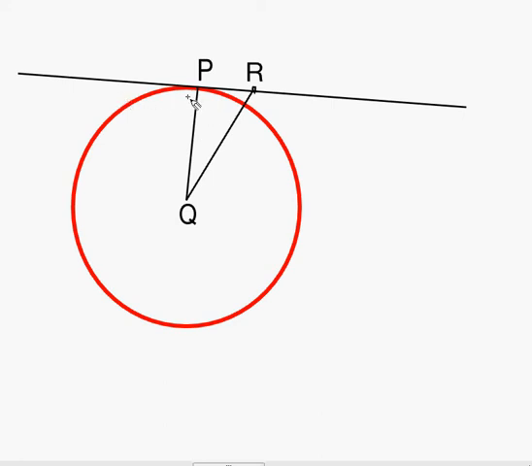Therefore, we know that QP must be perpendicular to the line, so we can draw it as such. And that proves the theorem.